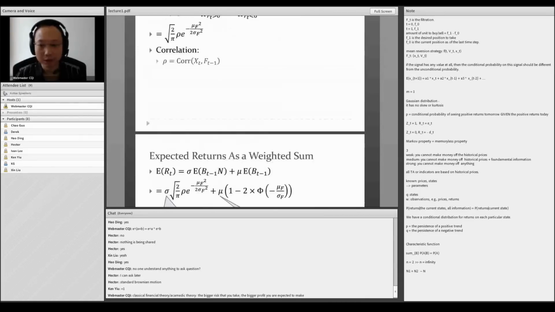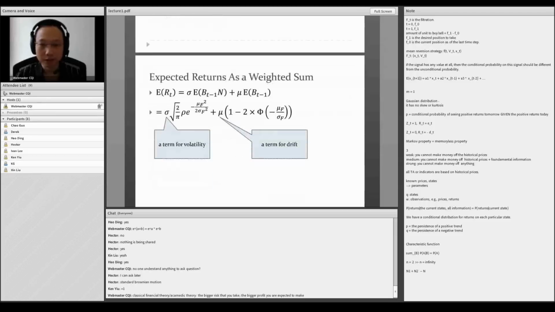The moving average crossover falls into this category as well. You see the expected return is a summation of a drift term, as expected, because the bigger the drift, the more money you make. If the drift is very positive, it means the price is going up and up and up. So you buy, you play a trend following strategy, so you make a lot of money.